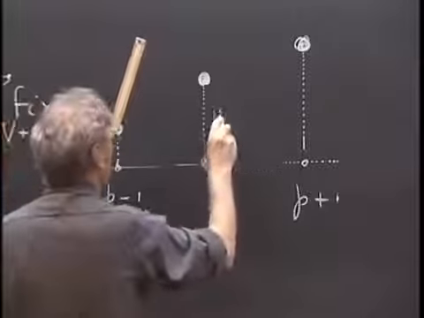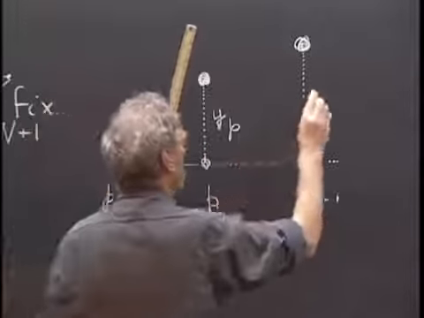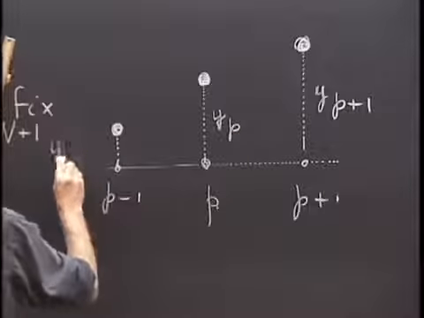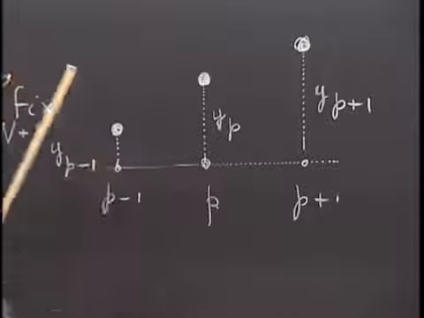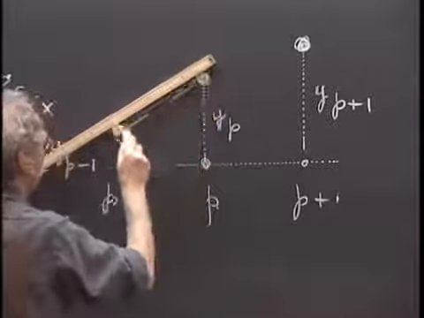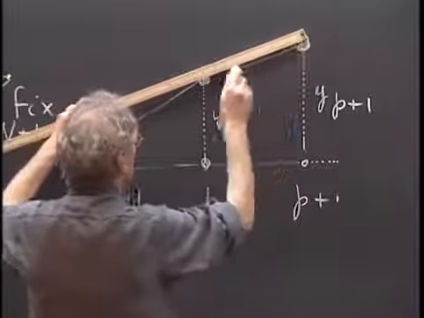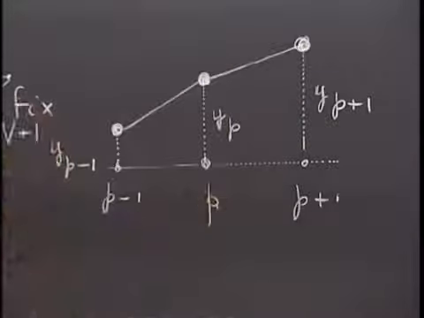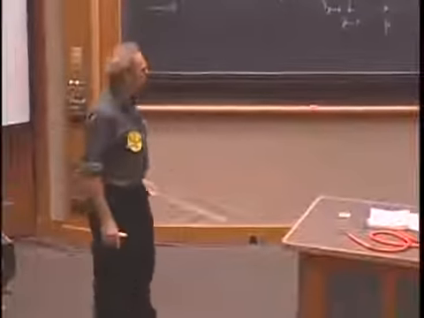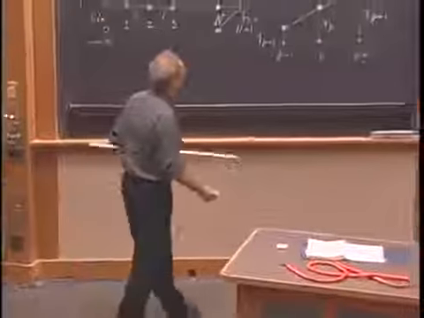So this vertical displacement is y_p, this is y_(p+1), and this then is y_(p-1). But the strings are just attached like this. And so the fact that the strings get longer, we will ignore because they're small amplitudes. And so the tension will not change.